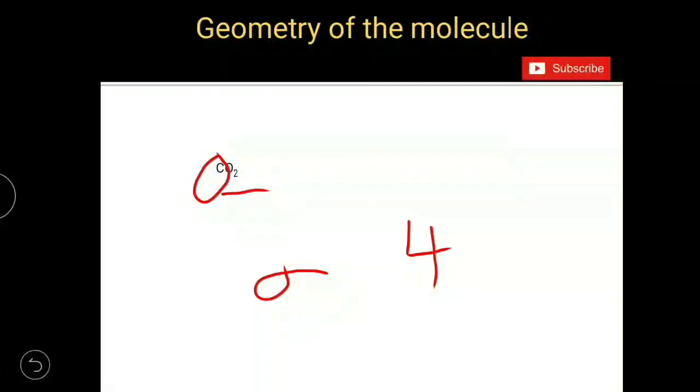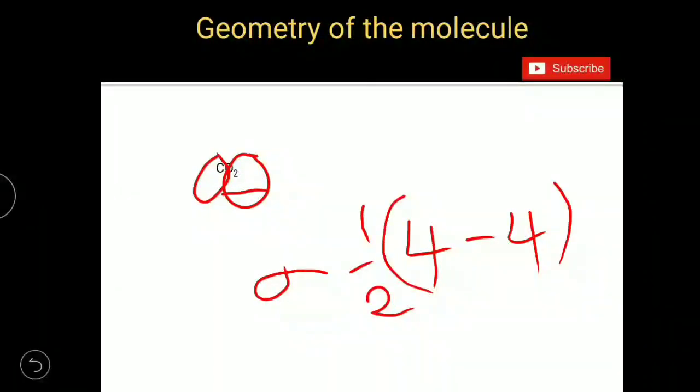Out of 4, all these 4 electrons are involved in bond formation with 2 oxygen atoms, because each oxygen can form 2 bonds. Oxygen atom is divalent. So you got 2 oxygens bonded to carbon, which means all 4 electrons of carbon are involved in bond formation. So there are no lone pairs.